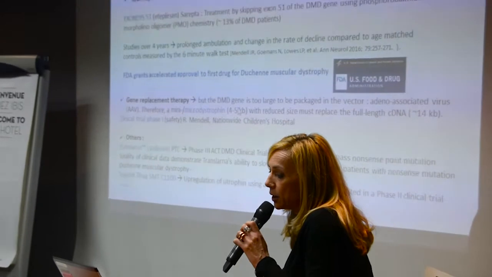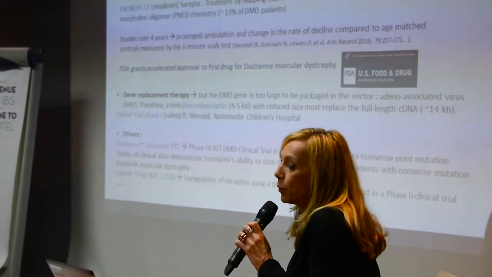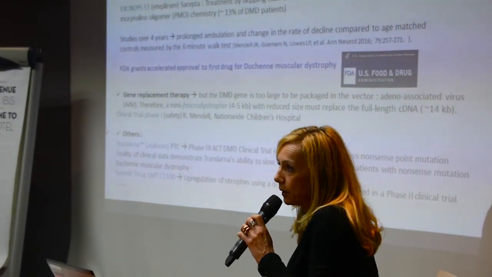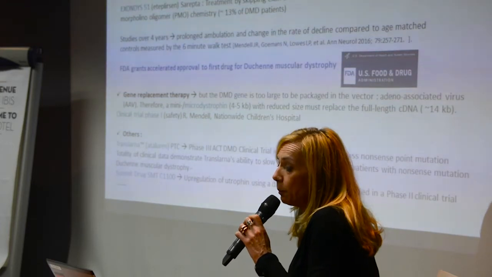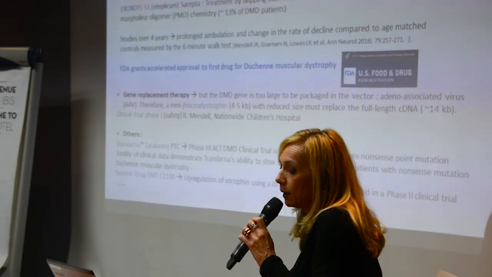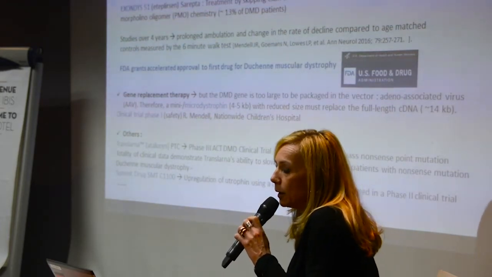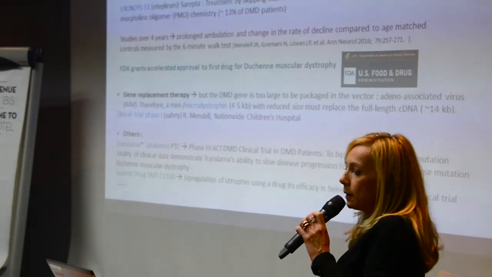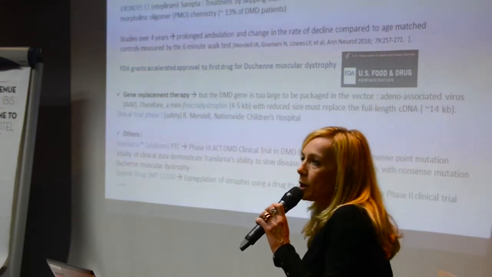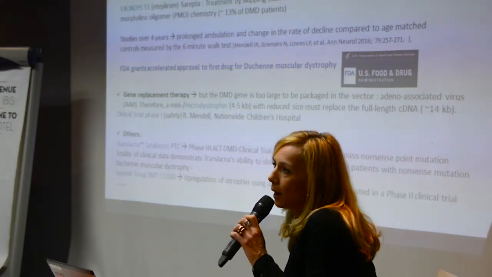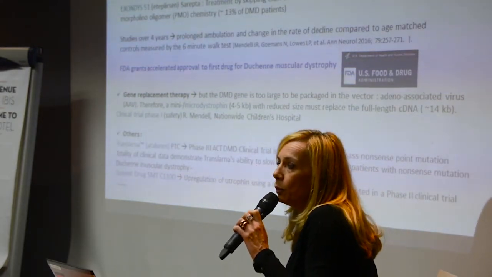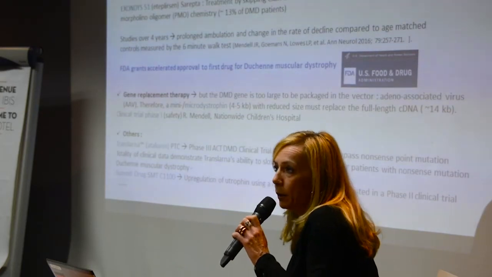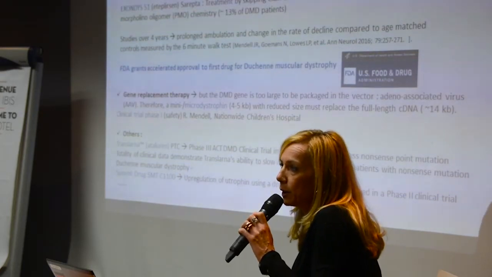So the strategy is to produce a mini microdystrophin to be packaged in the vector and used in gene replacement therapy. But the problem is that we have to know which domains are important for the binding of the partners of dystrophin and the function of dystrophin.